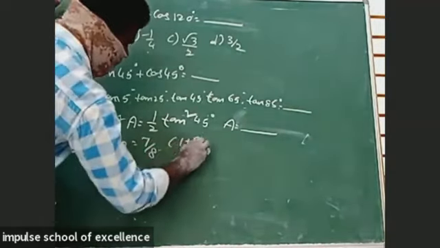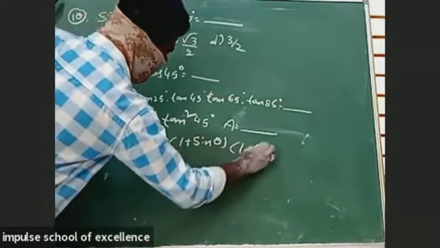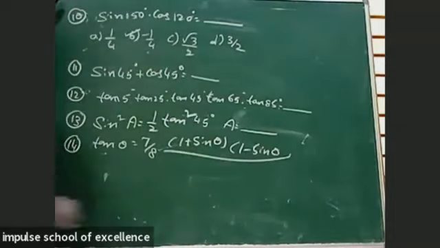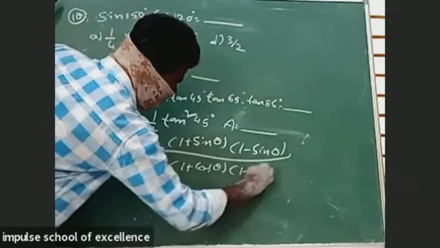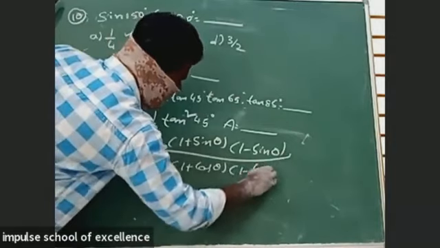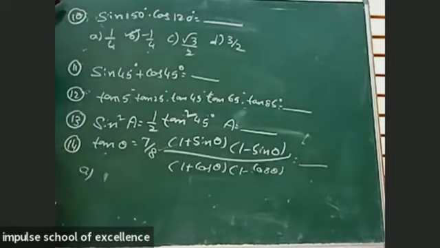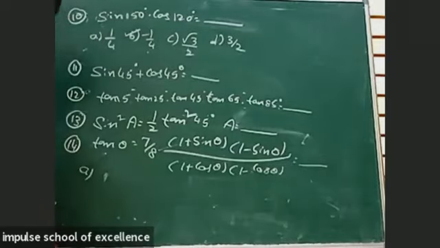Then 1 plus sin theta into 1 minus sin theta by 1 plus cos theta into 1 minus cos theta is equal to dash. 49 by 64.